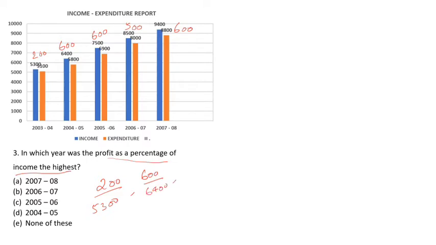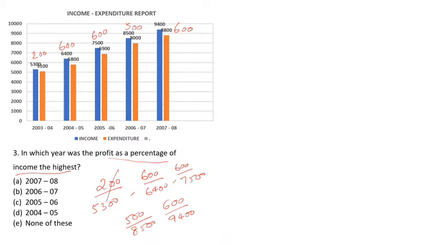In the third case, we have 600 out of 7,500. In the fourth case, we have 500 out of 8,500. And in the last case, we have 600 out of 9,400. So the question asked here is, as a percentage out of these 5 values, which is the highest?